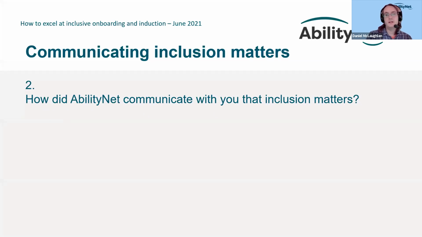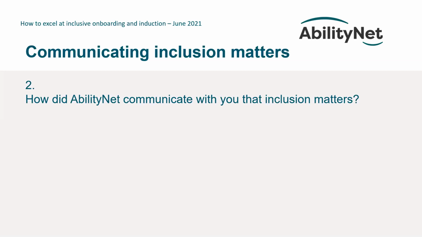Thinking about the way we communicate at AbilityNet, how did AbilityNet communicate with you that inclusion matters? I think fundamentally by their actions. As the saying goes, actions speak louder than words. And although this is about onboarding specifically, that communication, inclusion matters, was there right from the beginning of the recruitment process all the way through to today.